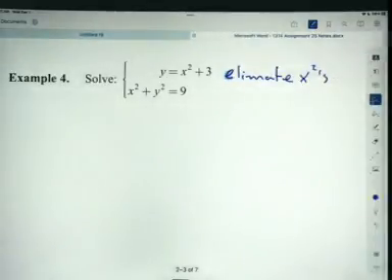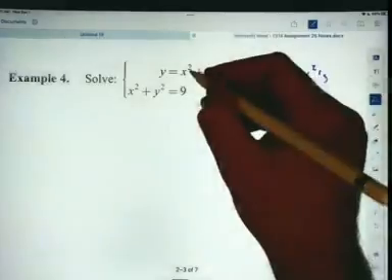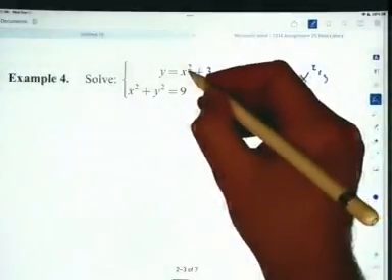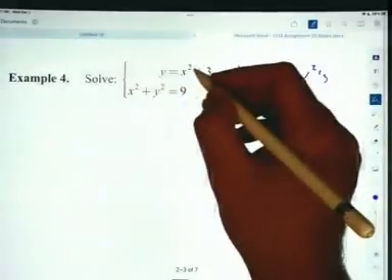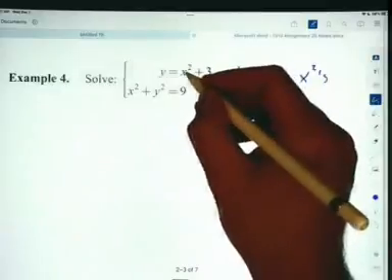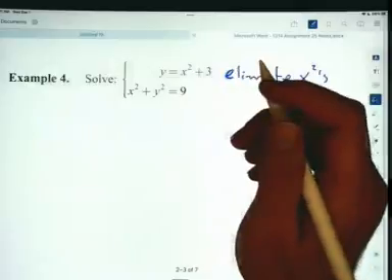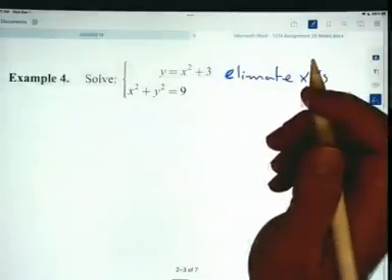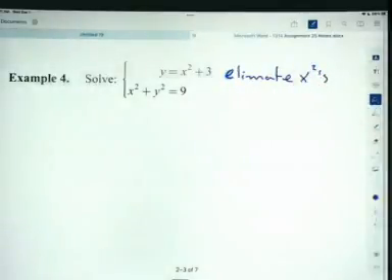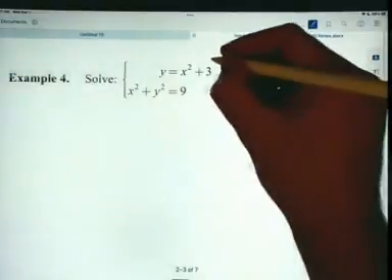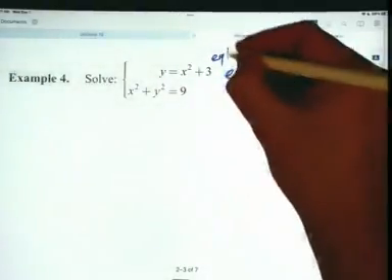And why is that a good thought? Well, notice that the coefficients in front of both of these x squareds is a 1. So let's do a little bit of work here. We'll call this equation 1 and equation 2.